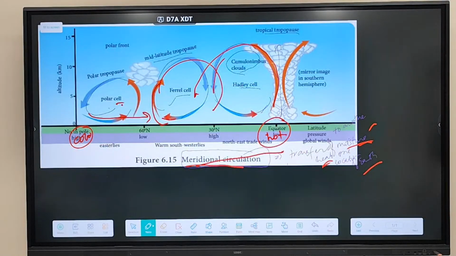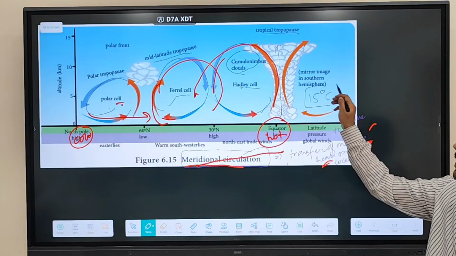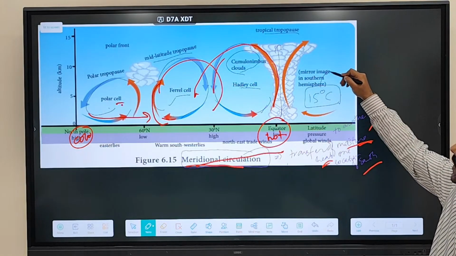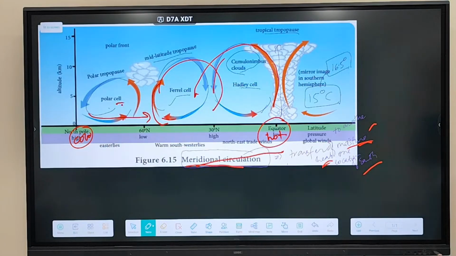Clear? So if you remember, we discussed the average temperature of Earth. What is the average temperature of Earth? We discussed 15 degrees Celsius, but because of greenhouse gases and so on, it is now increasing. So we are trying to control this global warming up to 1.5 degrees Celsius.